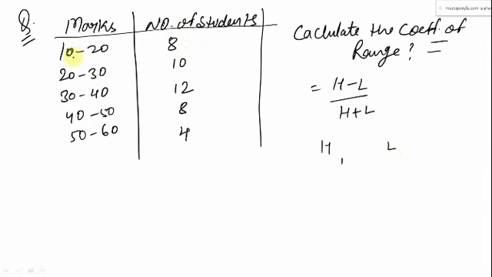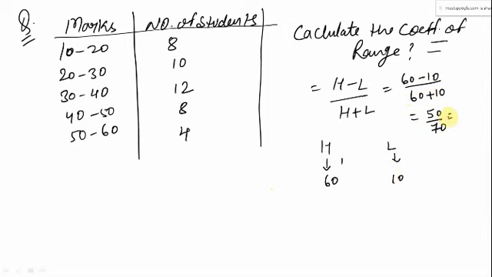So the highest observation is 60. Yes, the highest mark is 60, and the lowest mark is 10. So 60 minus 10 divided by 60 plus 10, so 50 divided by 70.